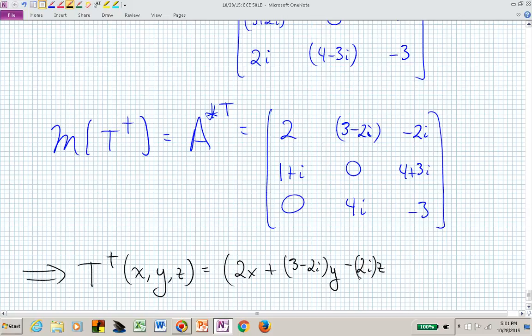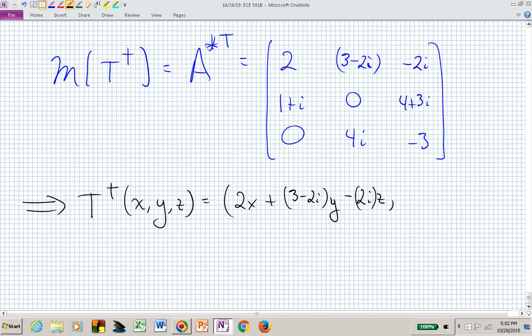Is that right? There's my first coordinate. Then the second coordinate will just be 1 plus i times x plus 4 plus 3i times z. And finally, I have 4i times y minus 3z, and that's now my adjoint map for the linear operator T.